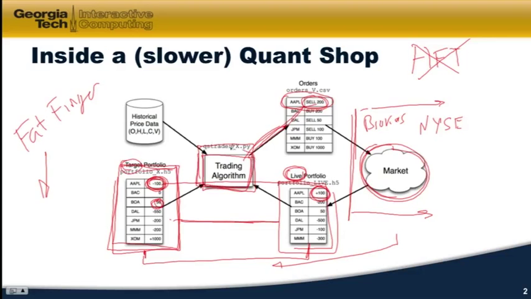So trading algorithms stretch that out over a longer period of time. You put your orders in, they're accepted or not by the market. That adjusts your portfolio, and this cycle continues until your live portfolio is in line with your target portfolio. Okay, so that's at the trading end.